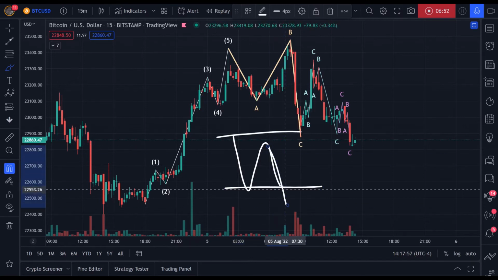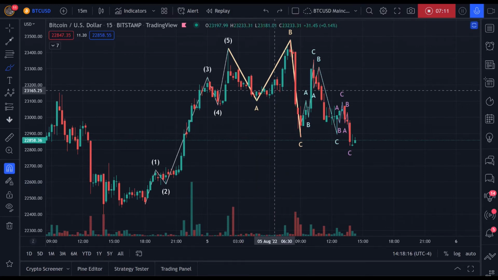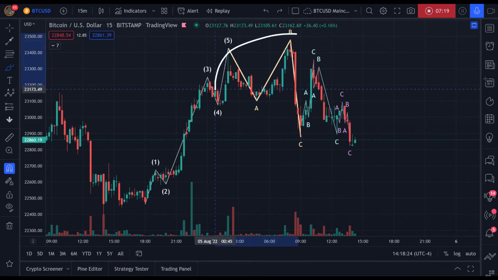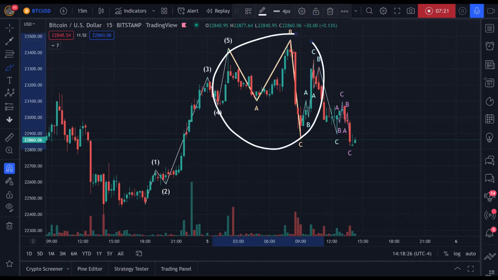Typically, you see these flat corrections where one of the legs extends beyond the baseline of the first inflection. Okay, so you typically see something like this. When I say regular, I just mean run of the mill. But technically speaking, this would be an irregular flat.